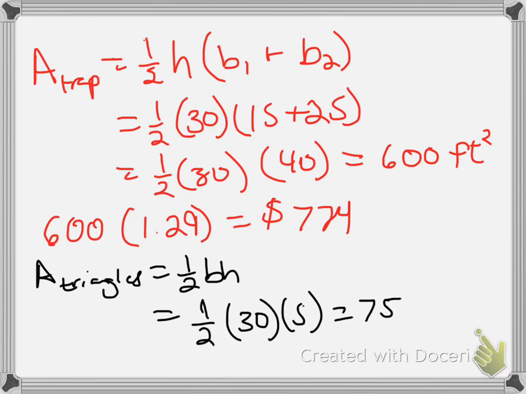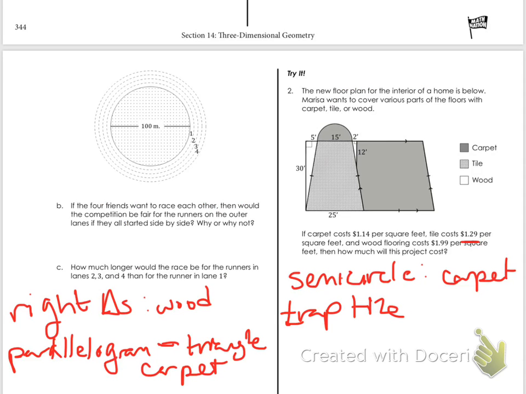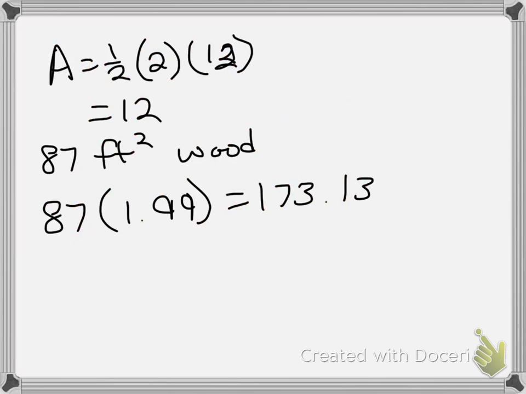Now we're ready to look at the carpet. All right, so we've got a semicircle with a diameter of 15 feet. The area of a circle is pi r squared.